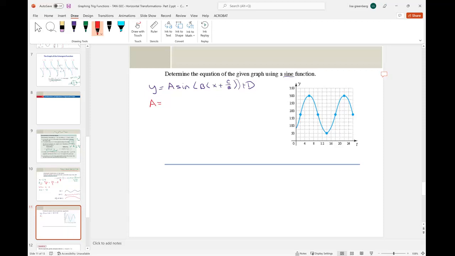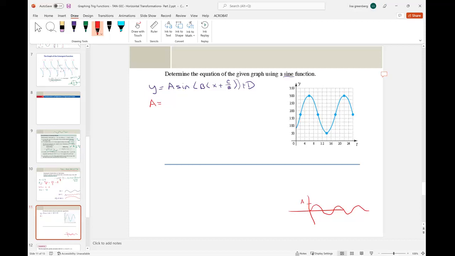So the first thing we want to think about is where's the middle, right? Because when we graph a sine function without transformations, it's going to look like this, where this is my amplitude. So if it's shifted, which it's obviously shifted, because it's not moving up and down around the x-axis, what we want to do is still find our middle.